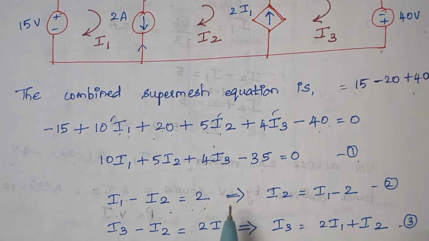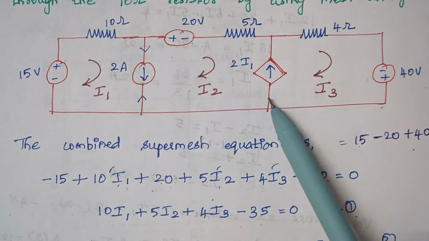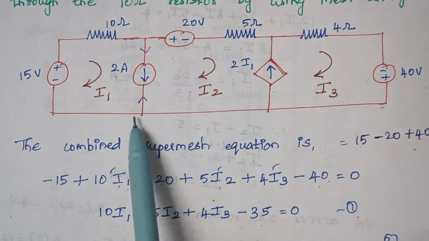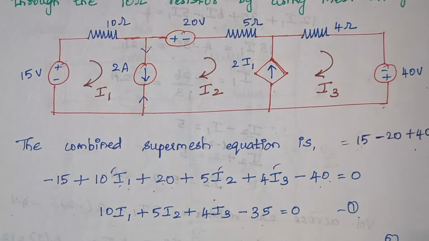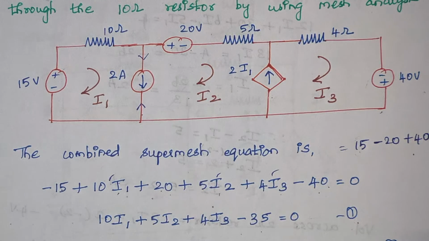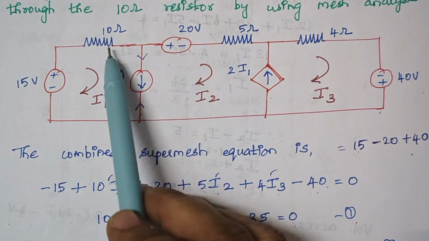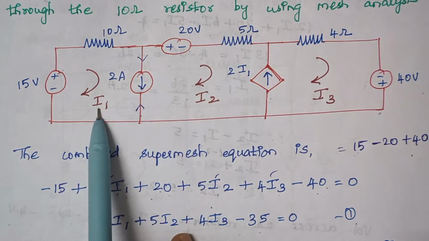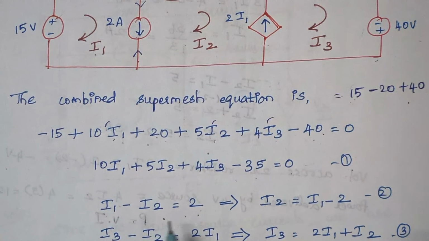You can have a doubt: why are we writing I1 minus I2, and why can't we write I2 minus I1? In this case, the 2 amps flows in the direction of I1, so we write I1 minus I2.